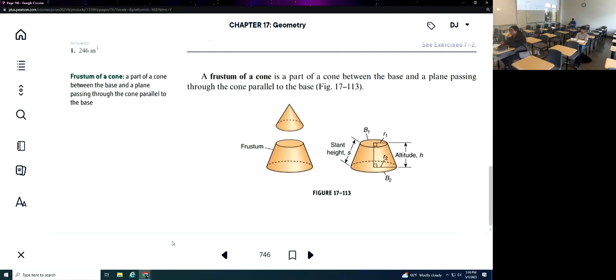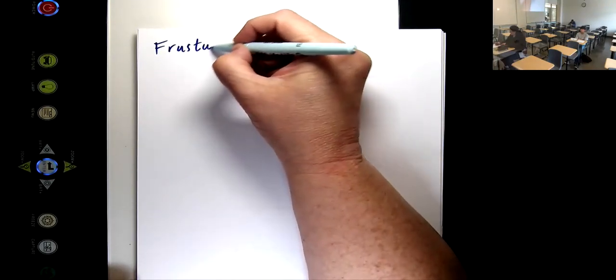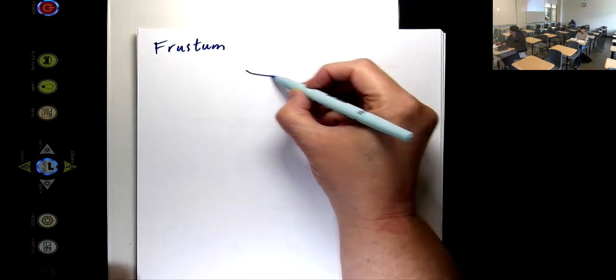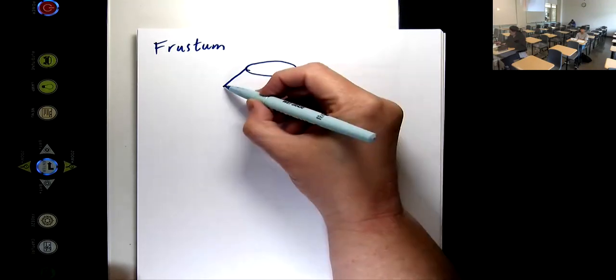This is the same thing as a pyramid too. So you have a snow cone with the base down, and you make a cut through the cone that's parallel to the base. There is a circle on top, and it comes down like that.